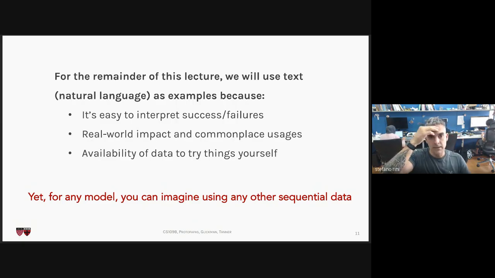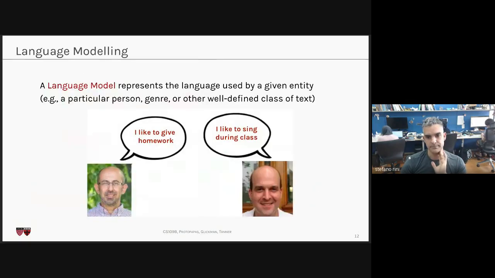In the remainder, we will focus on natural language, because it's easy to interpret. It has a real world impact, and we can build models over this particular temporal sequence, which we can evaluate with our own human understanding of language.